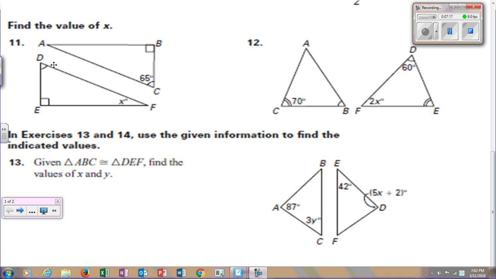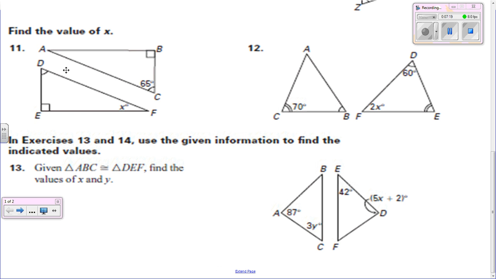This says that it's congruent to this, so that makes this 65 and 90. And so we do 180 minus 90 minus 65, and that's going to give you that x equals 25. Because 90 minus 65 gives you 25.